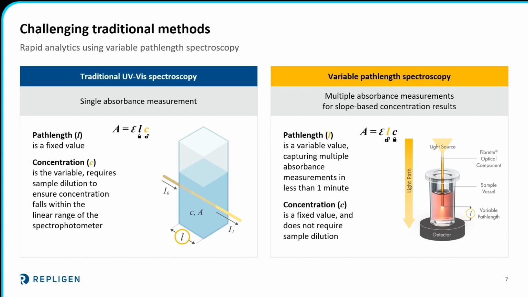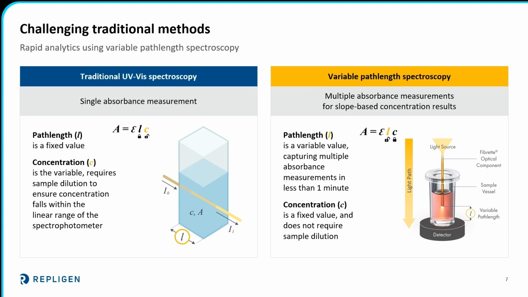However, if the sample is not within the linear range of the instrument, then serial dilutions must be performed. User prep and handling, the issues that I mentioned on the previous slide, all come into play, which increases the variability of the results and makes it nearly impossible to platform as a method.